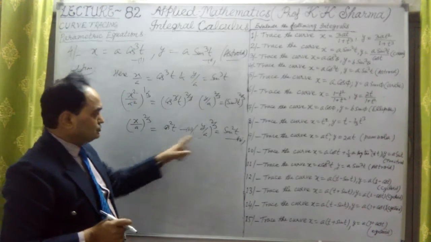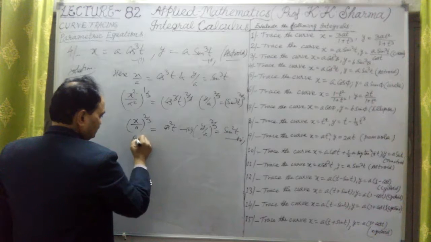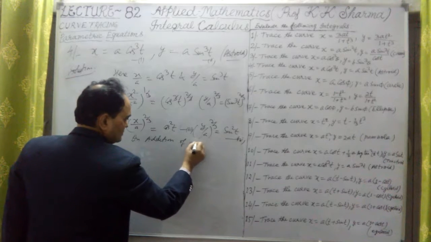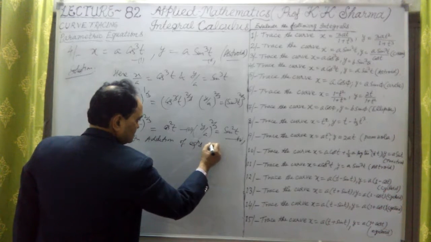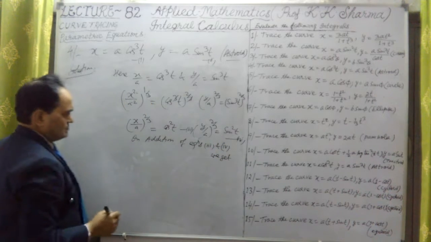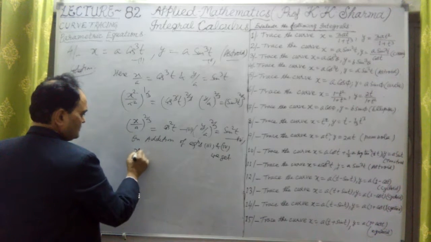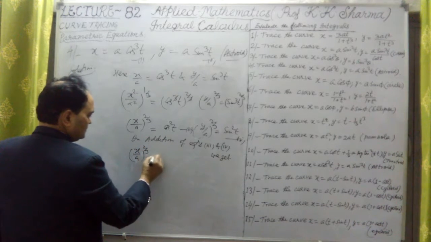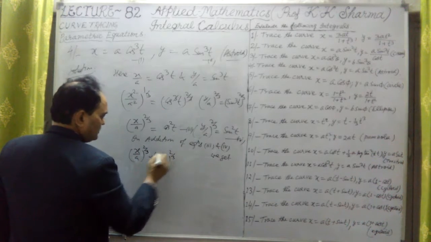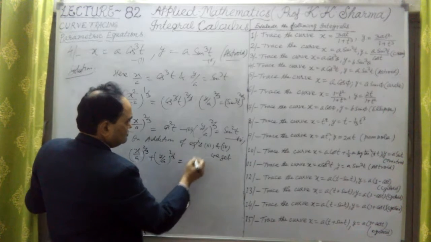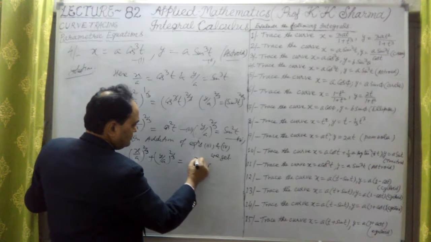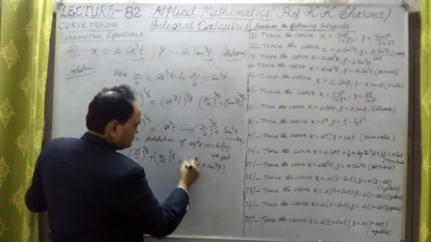So adding the third and fourth equations, we get x upon a whole power 2 by 3 plus y upon a whole power 2 by 3 is equal to cos square t plus sin square t, which is equal to 1.